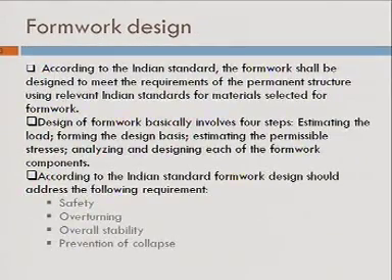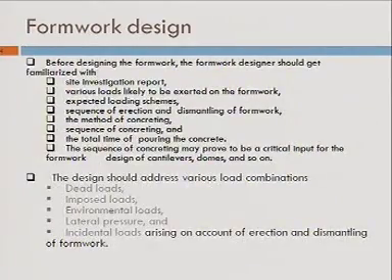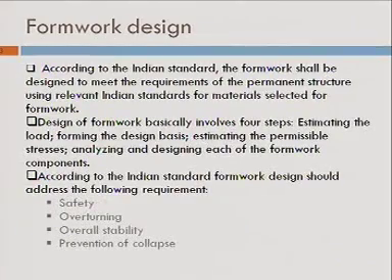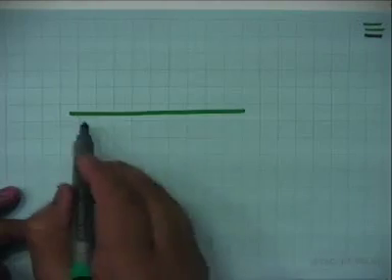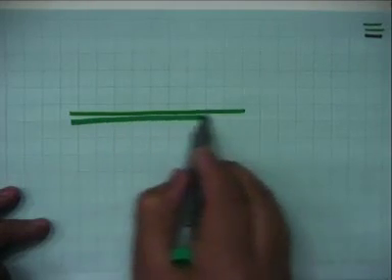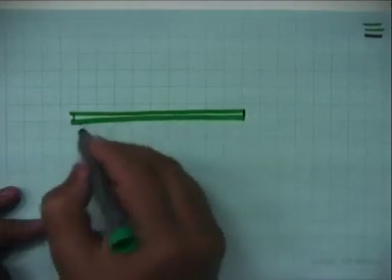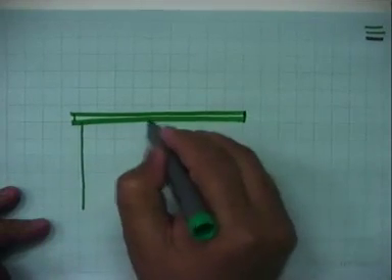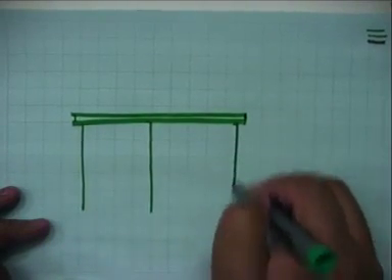So, I will show you one sketch through which it will be clear to you. Suppose you have one formwork to be constructed for, let us say, this slab, and you have erected these props, something like this.